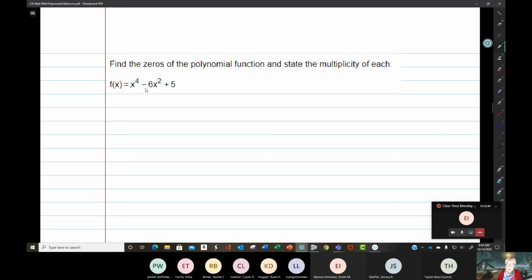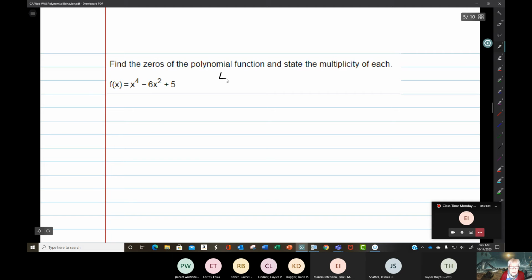When we have that situation, I can use U substitution to temporarily turn this function into a quadratic. So I can use the methods that I already know, the factoring methods, or even the quadratic formula to solve it and find the zeros. Let's do that.